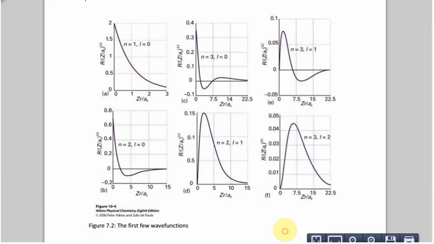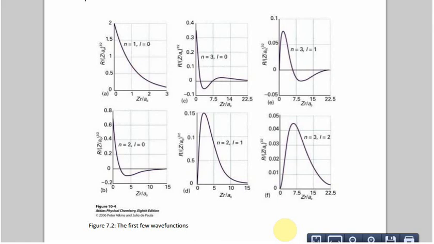Maybe look at a better diagram over there. This one, n equals 2, L equals 0, the bottom left. You see that it cuts y equals 0 at one point.